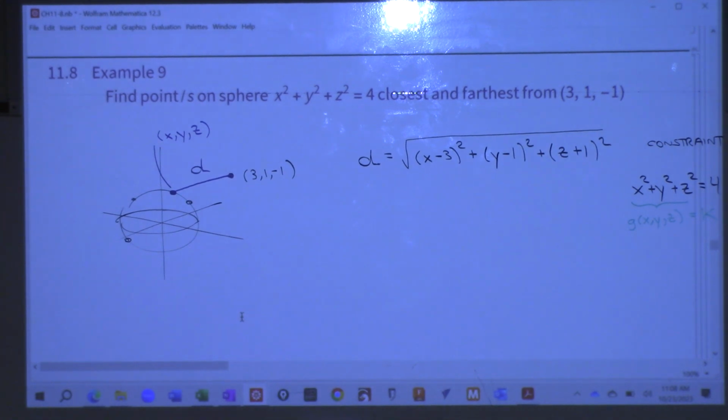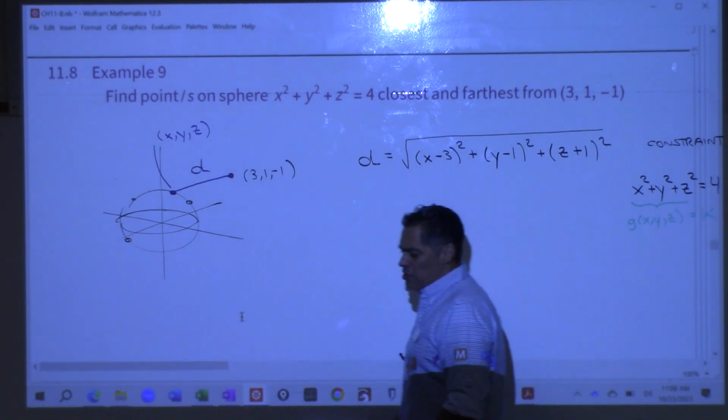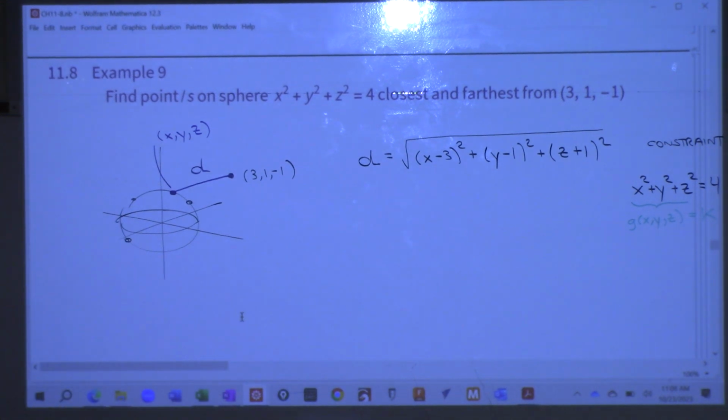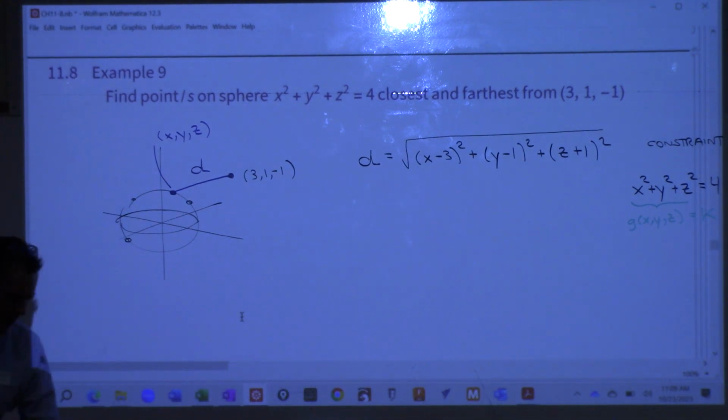This actually came up in Cal 1 if you did optimization problems: if you're ever trying to maximize or minimize a distance, it's always going to involve a square root. Does anyone remember seeing it in Cal 1? Because square roots suck, since we have to differentiate them. So instead of maximizing and minimizing the distance, we're going to maximize and minimize the square of the distance.